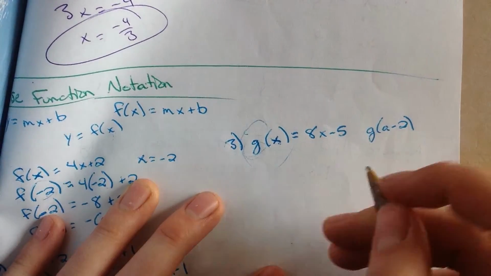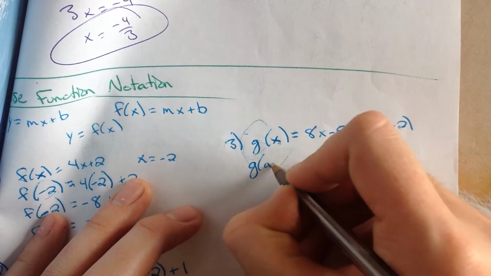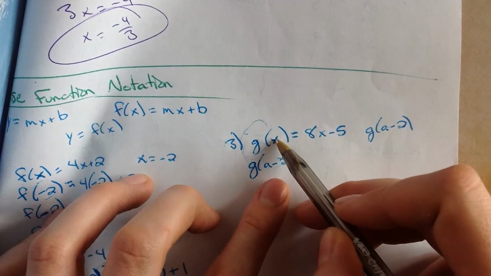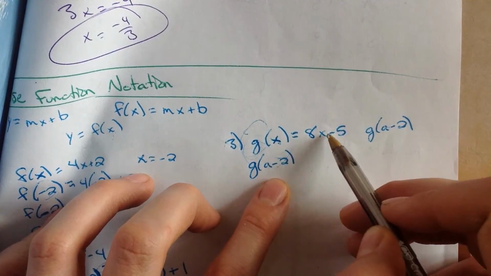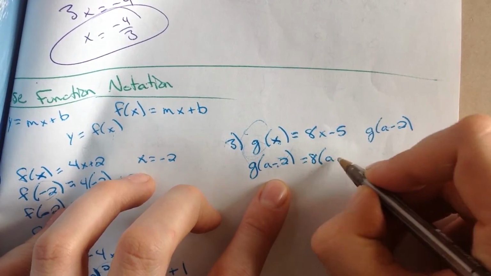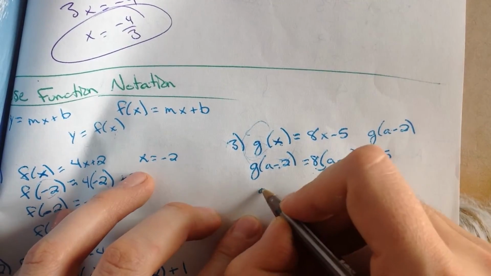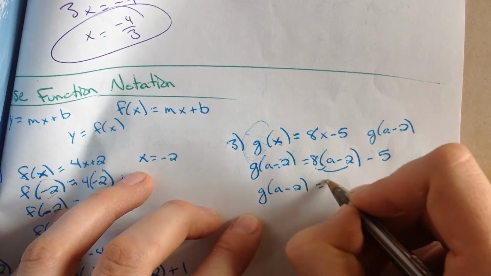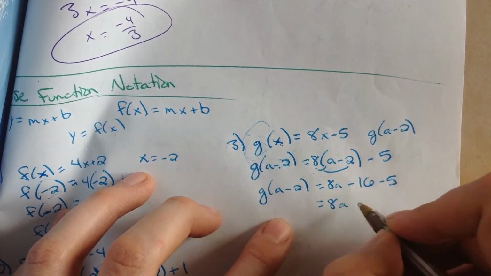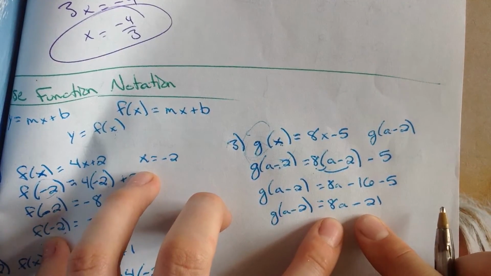So, same idea, even though it's not a single number we're trying to stick in, we actually can put anything into the function. This tells us what we're plugging in. And we're going to replace x with this. So instead of x here, we're going to write a minus 2. So I get 8 times a minus 2 minus 5. Distribute in that 8. So I get 8a minus 16 minus 5, which becomes 8a minus 21. So g of a minus 2 is equal to 8a minus 21.